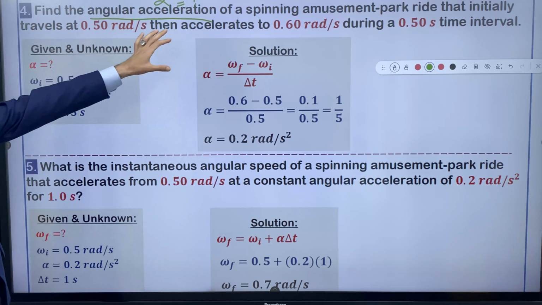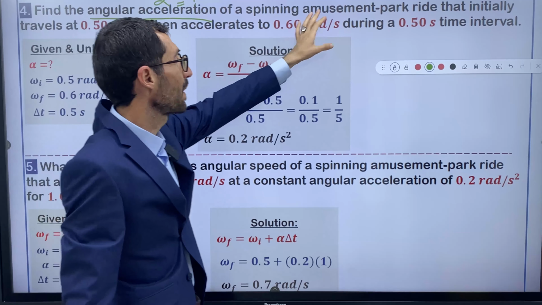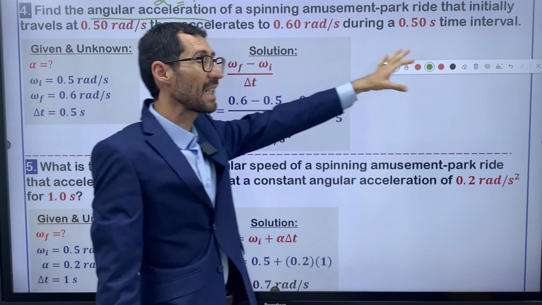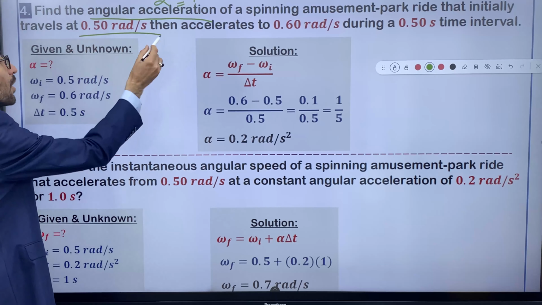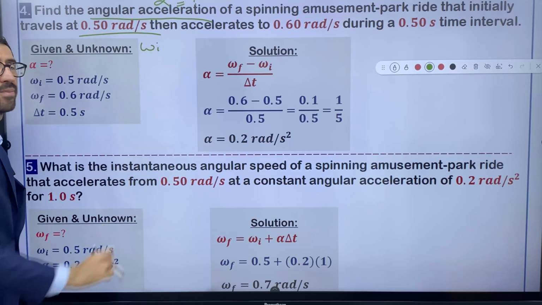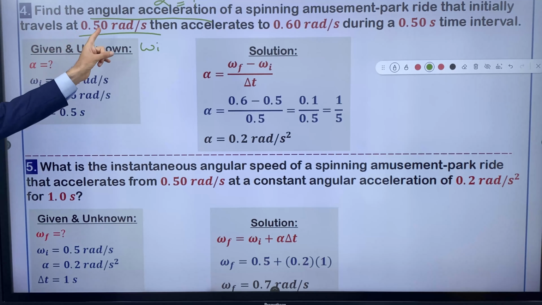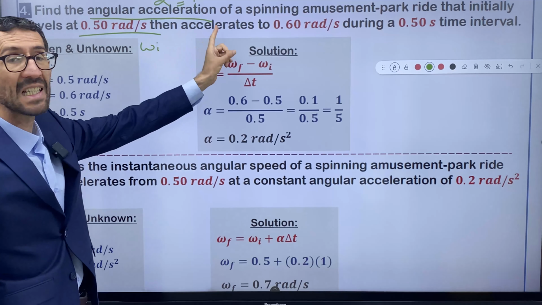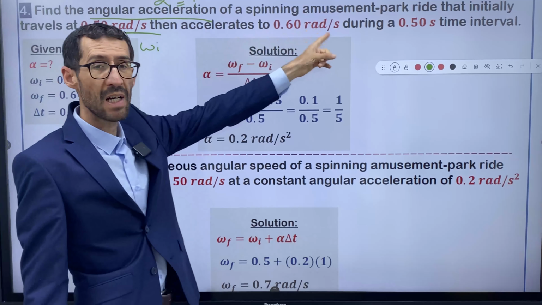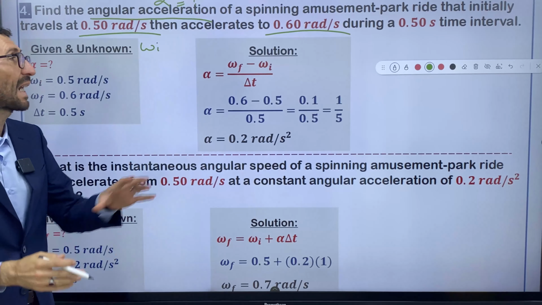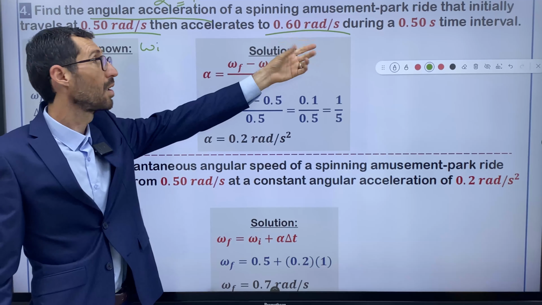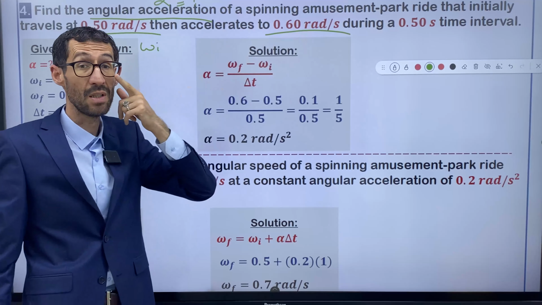Find the angular acceleration of a spinning amusement park ride that initially travels at this one. So we have omega initial of 0.5 rad per second, then accelerates to 0.6 rad per second. Accelerates here doesn't mean acceleration actually. This value is not acceleration.